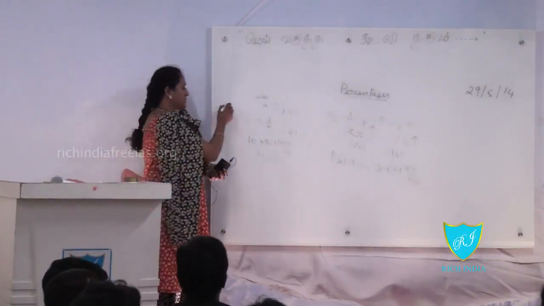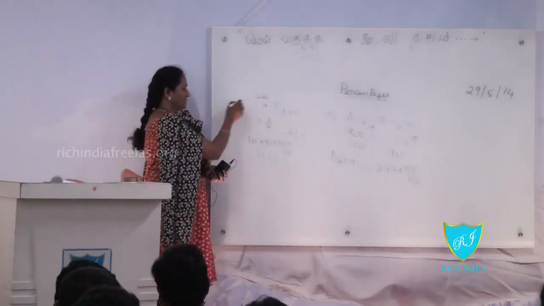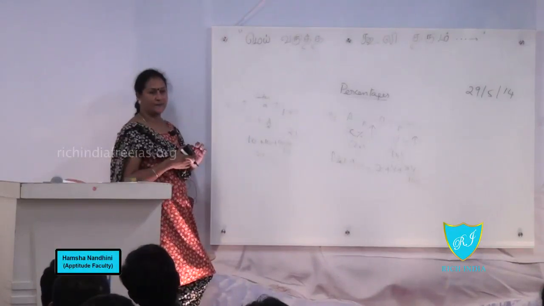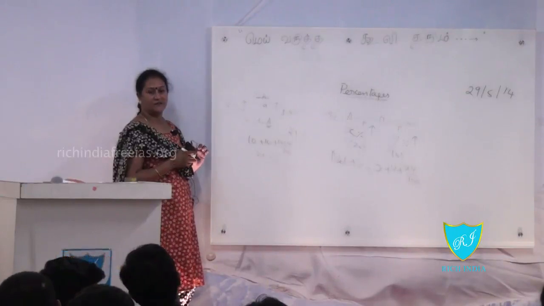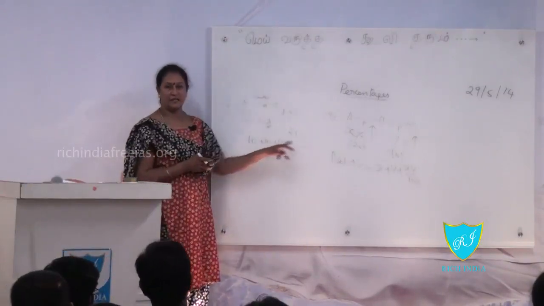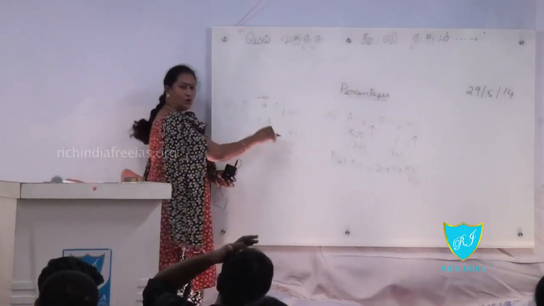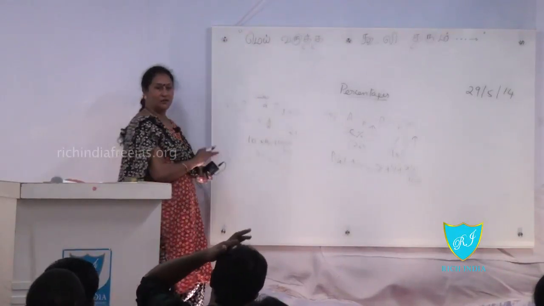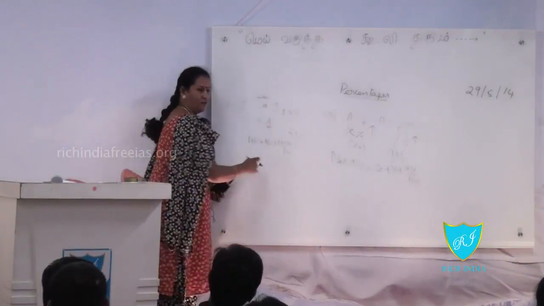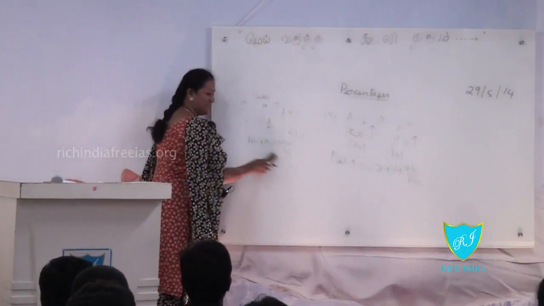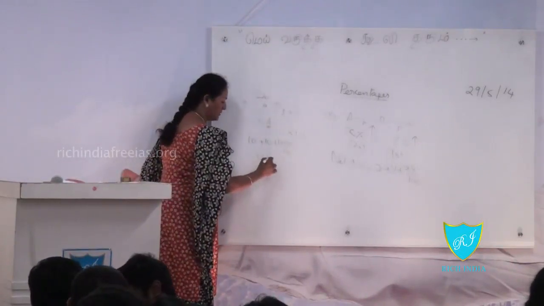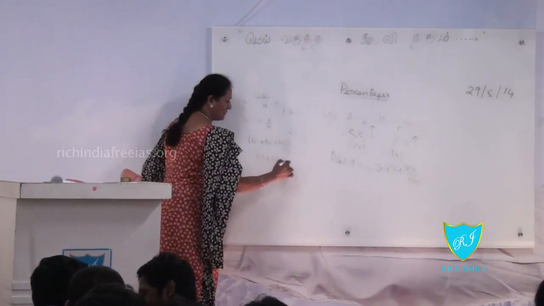If the side is increased by 8%, what will be the increase in its LSA? So for 8% it is 8 plus 8 plus 8 into 8 by 100. So don't cancel that 8 and all. Whenever you have this number, you add the 8 twice plus 8 into 8 by 100.